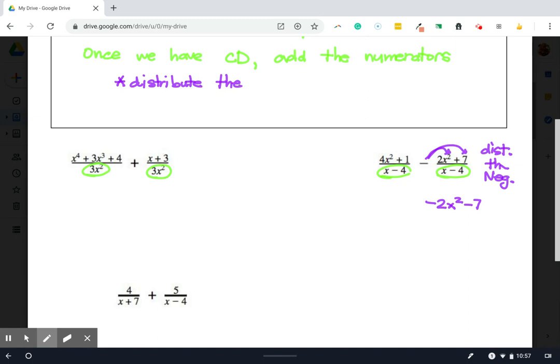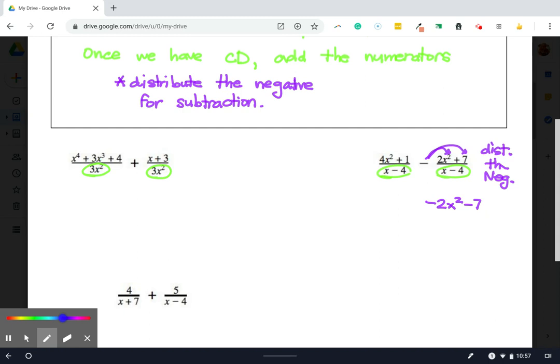Don't touch the first one. When we have subtraction. Okay. So I'm going to come back to that distributing the negative. Let's walk through this first one real quick, and then we'll kind of polish up with the second one.